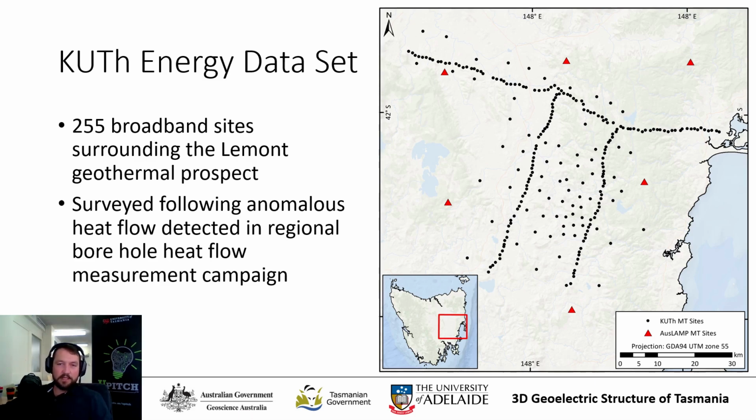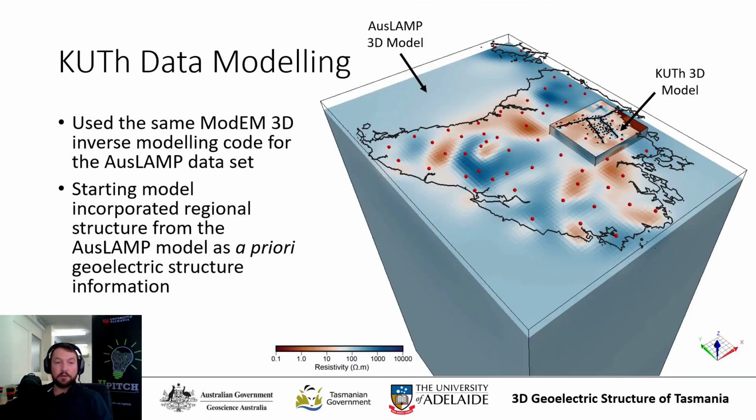It was originally acquired as a series of transects, but then it was later infilled with more data, and it's the perfect candidate for 3D inversion. So I sought to generate a 3D model, just like I did with the AusLAMP dataset, using the same inversion code. But the key difference here is I used the regional geoelectric structure derived from the AusLAMP modeling as a starting point for higher resolution modeling of this KUTH dataset.